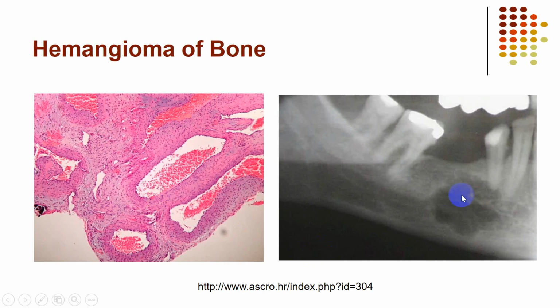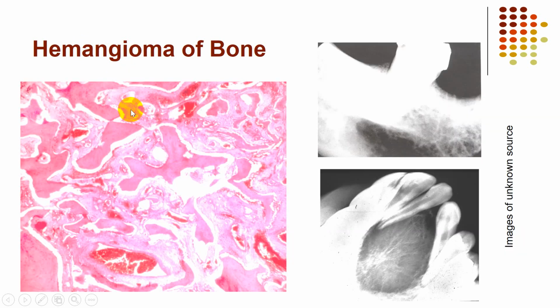Whenever we see a radiolucent lesion in the bone, the surgeons usually do the aspiration to see the color of the fluid coming out, because it is not easy to open for a biopsy and then fresh blood will keep extensively bleeding if the lesion was hemangioma or blood vessel related tumor.